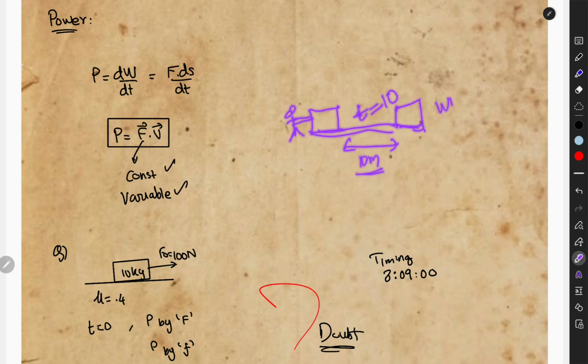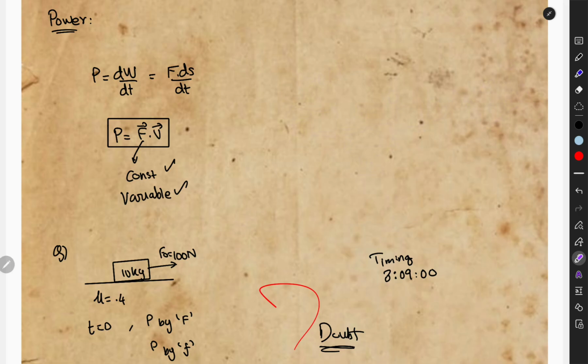So what will be the work done by the boy? Let's say he delivers a force of 10 Newton. So 10 multiplied by 10 will be the work done by the boy for sure, right? So that will be 100 joules.